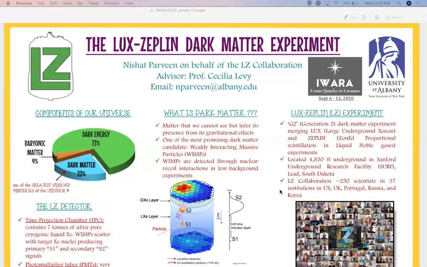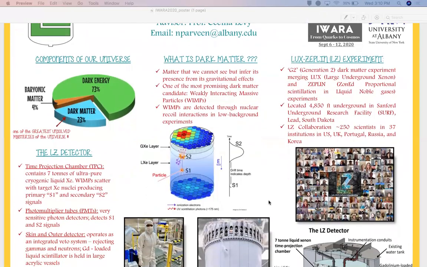So how do we detect dark matter signals? We use the hypothesis that dark matter is composed of WIMPs and is detected through nuclear recoil interactions. LZ uses 7 tons of liquid xenon as a target. And when a dark matter particle collides with a xenon atom, it produces scintillation photons, or the S1 signal, and recoiling electrons.